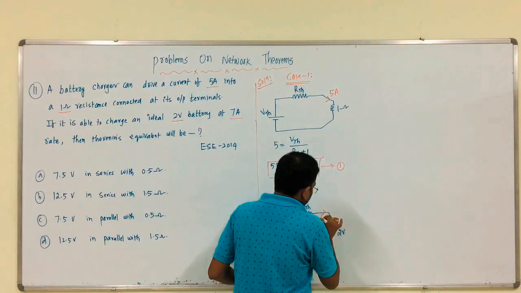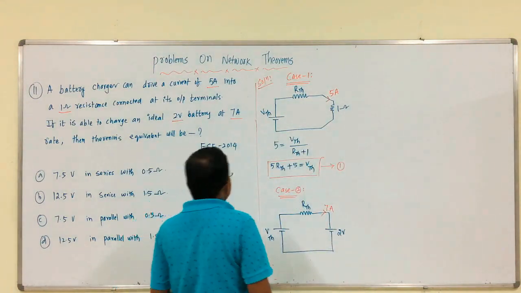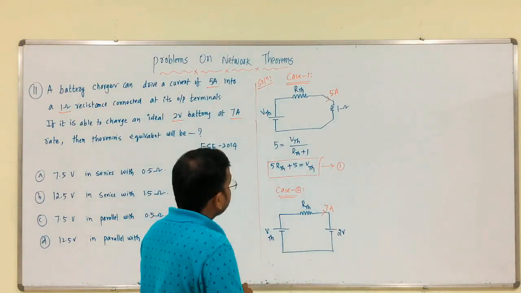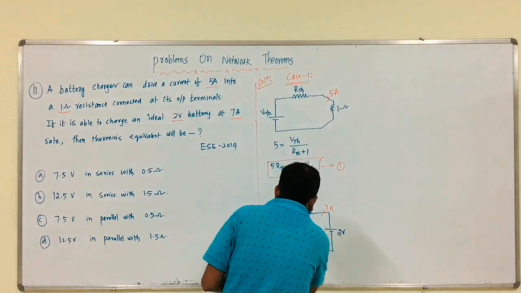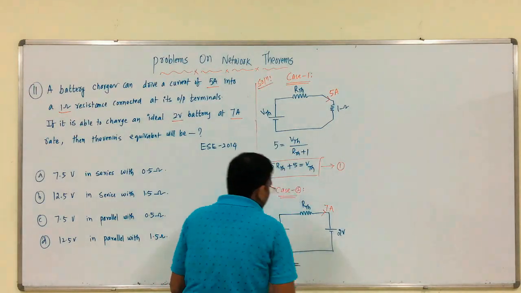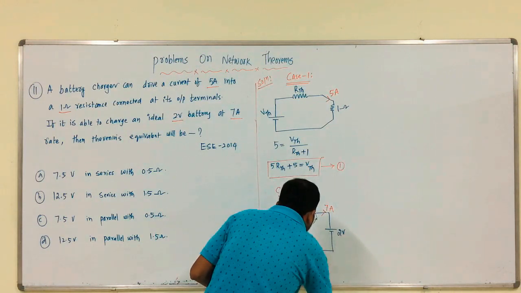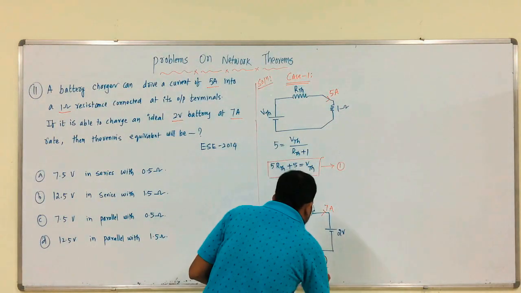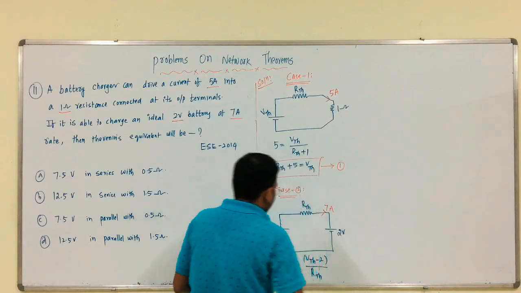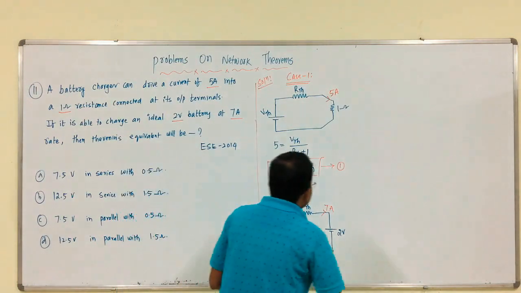Then the current through this branch is nothing but 7 amperes, right? From this we can write 7 is equal to total voltage, that is VTH minus 2, by RTH, right? 7 RTH plus 2 is equal to VTH.